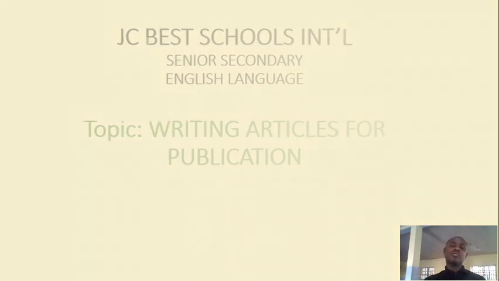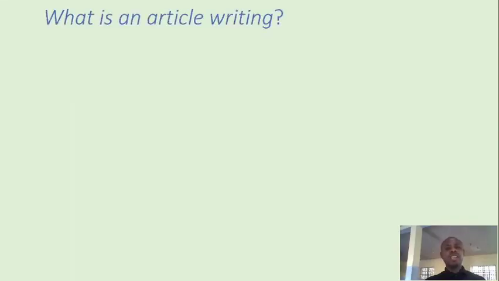All right, the first question on our mind should be, what is an article? We enjoy reading work from writers, stories, public opinions on issues, and we don't know what they are. They are all articles. So if you want to learn how to write an article, you need to know what an article is.